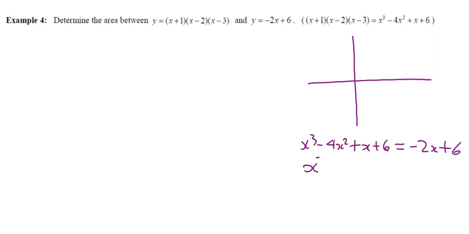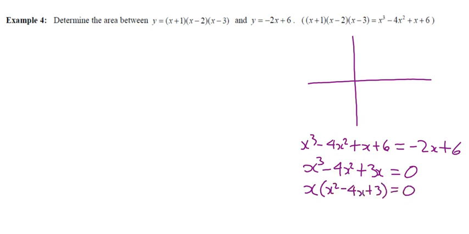Let's try this. So we get x cubed minus 4x squared plus 3x is equal to 0. The 6's go away. We can factor an x out of that, and that gives me x squared minus 4x plus 3. So this would be (x - 3)(x - 1).